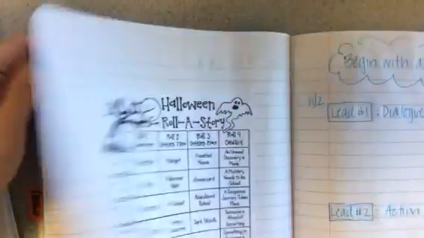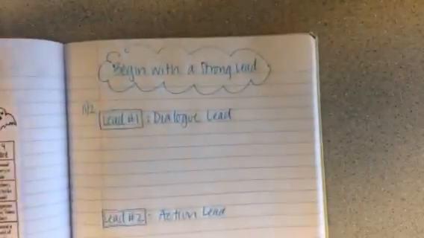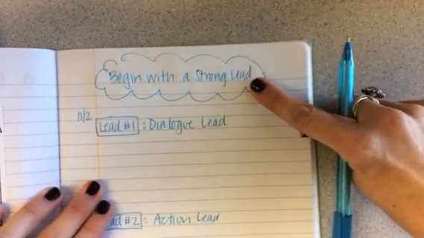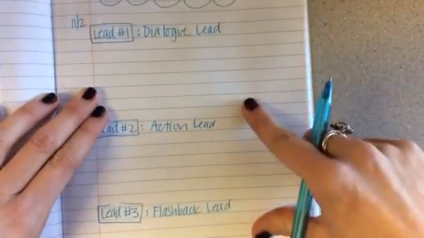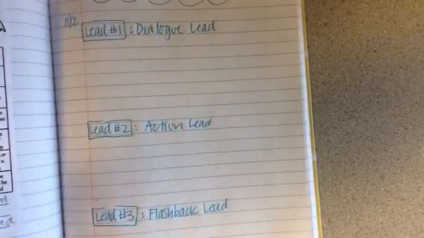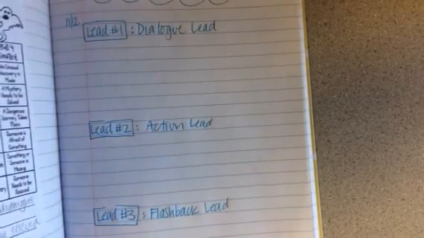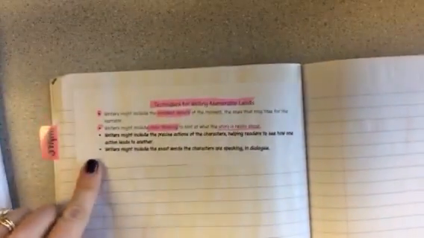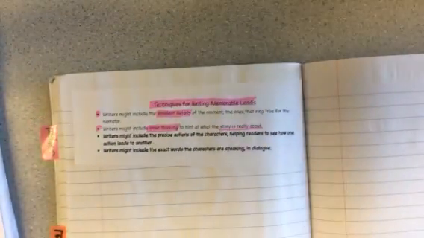different beginnings. And so you can see that I set up a page here in the Create section of my writer's notebook. You could set this page up where you have the title, Begin with a Strong Lead, and then I want you to pick 2 or 3 of the 4 different techniques. Remember, the 4 different techniques is what you just put in to the Learn section of your notebook.